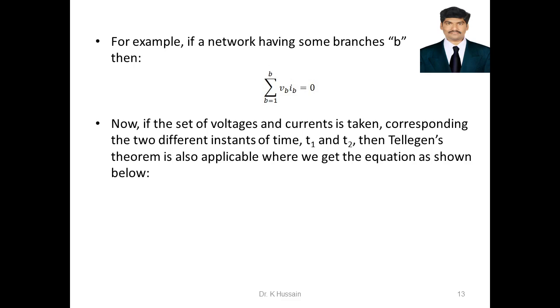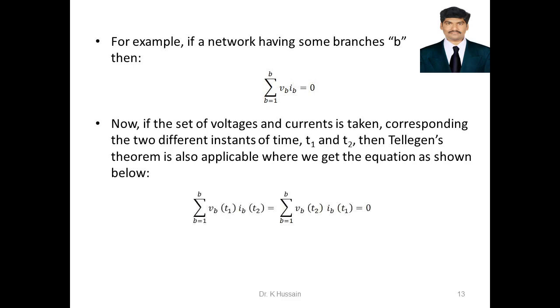That is again sigma VB IB. Already we have taken that. Now, if the set of voltages and currents is taken at a particular branch B, corresponding to different instants of time T1 and T2, then Tellegen's theorem is also applicable when we get the equation as shown below.